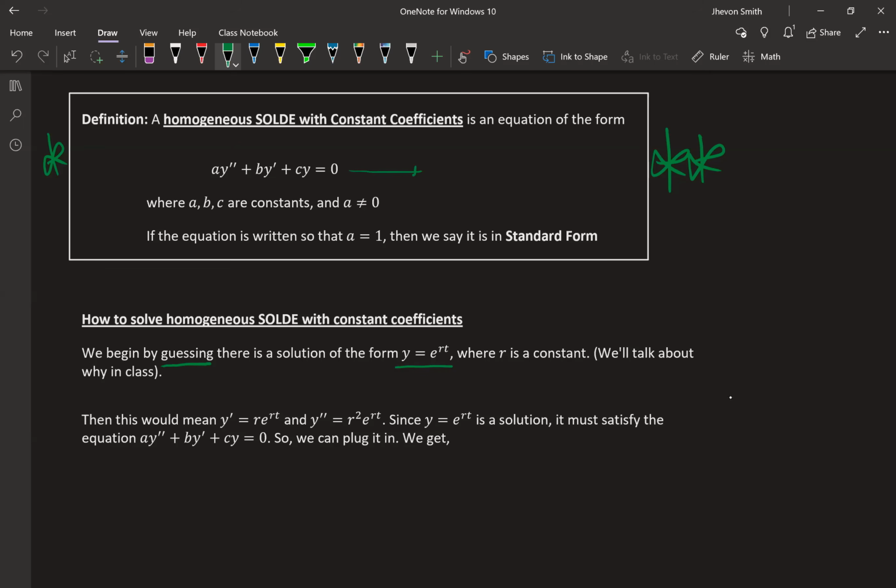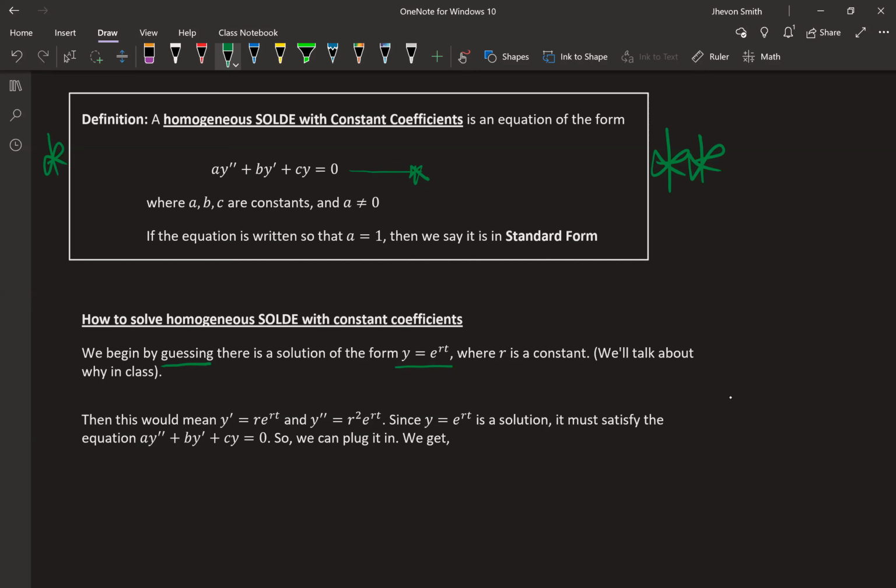Look at this homogeneous equation right here. If I'm saying a constant times y double prime plus a constant times y prime plus a constant times y all equals 0, essentially what that means is these terms need to cancel each other out. There must be a way for me to add some multiple of y double prime to some multiple of y prime to some multiple of y, and they'll all cancel each other out and give us 0.